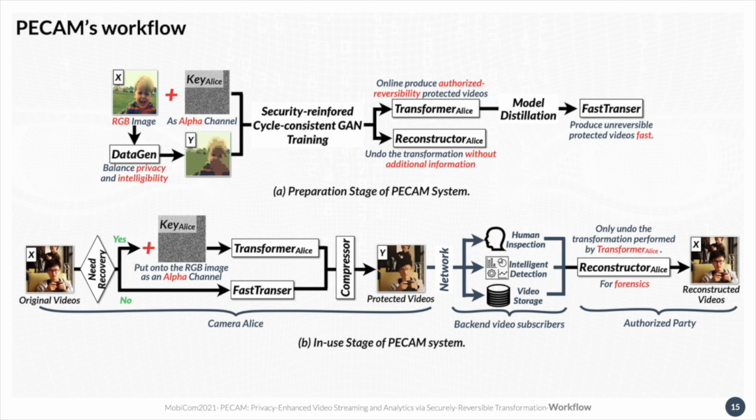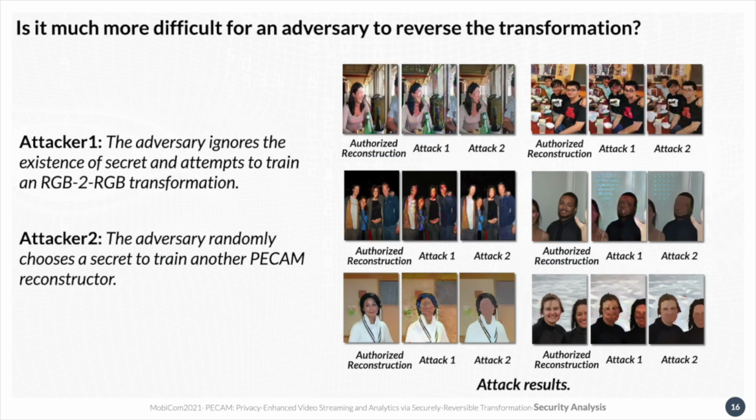The encoded video will be transmitted to the back end through the network to be used as the input of some tasks such as human-in-the-loop inspection and automated algorithm analysis. Once the abnormal event is detected, the authorized party will reconstruct the original video from these reversible video frames as evidence for forensics. Given our security model, we analyze the privacy enhancement of PECAM.